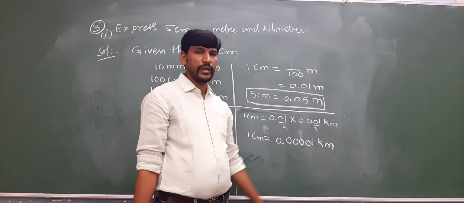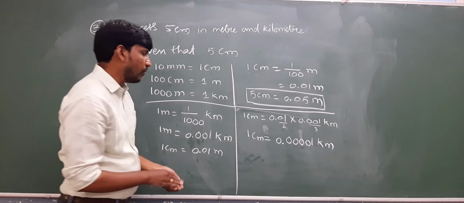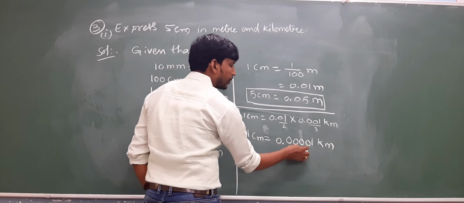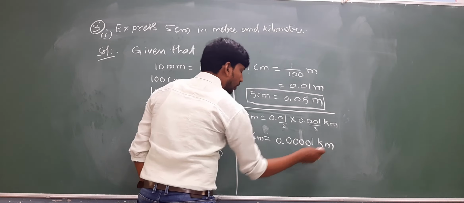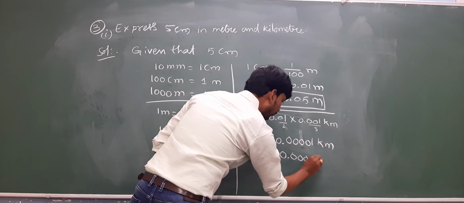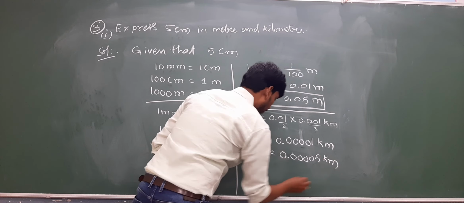In the same way, we are going to convert meters in terms of kilometers, as well as centimeters in terms of kilometers. So now, 1 centimeter equal to 0.00001 kilometer. Therefore, 5 centimeters is equal to 0.00005 kilometers. Clear, my dears?